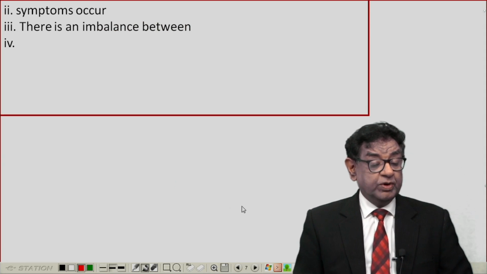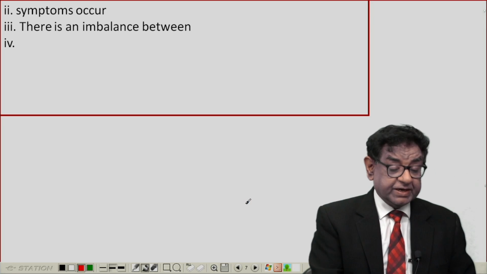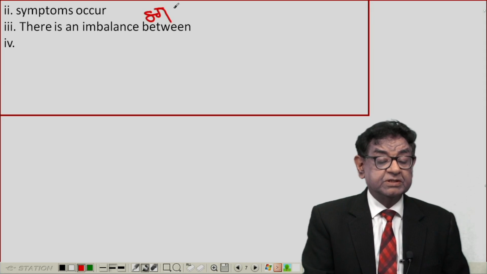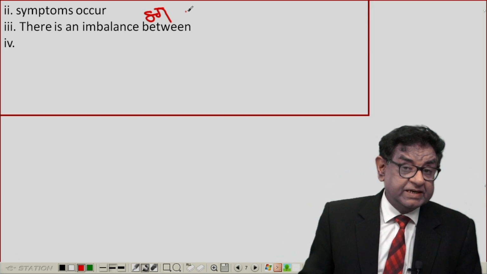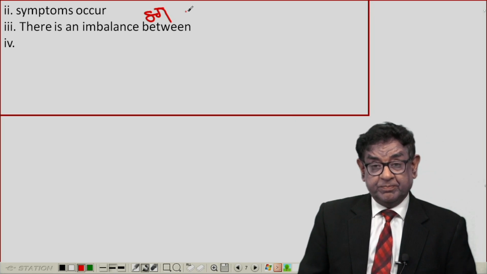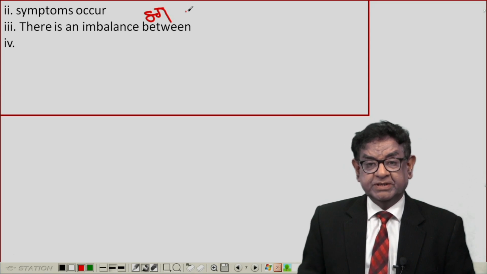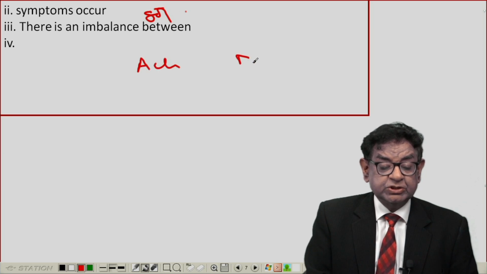Symptoms occur when at least 80% of the cells are damaged. That's why it occurs in slightly elderly people, not in a very young patient. Now, what is the basic problem? In this nigrostriatal pathway, there are two neurotransmitters: one is acetylcholine, and the other is dopamine.